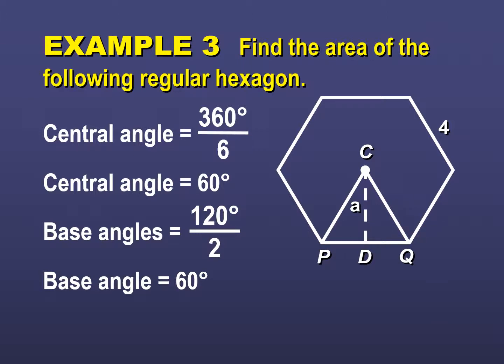And if all of our angles are the same, that means we have an equiangular triangle in the middle of our hexagon, which means we also have an equilateral triangle, which means all sides are the same. So if this is D, then this is also D, and this is also D. All the sides are the same.